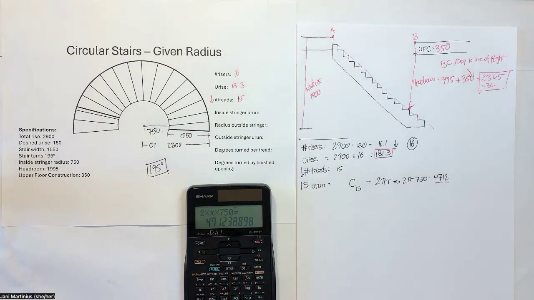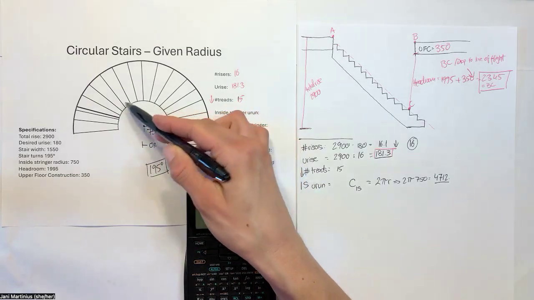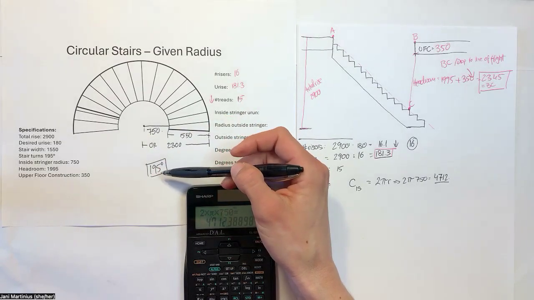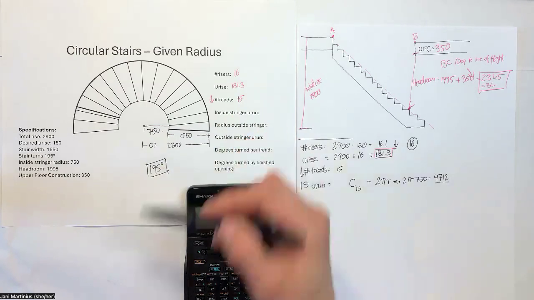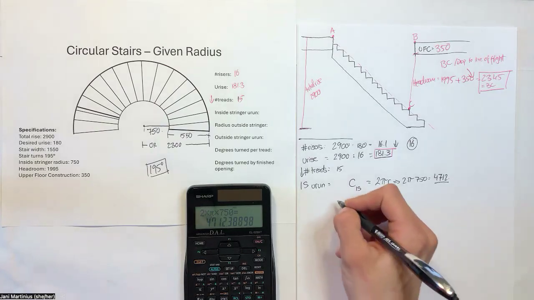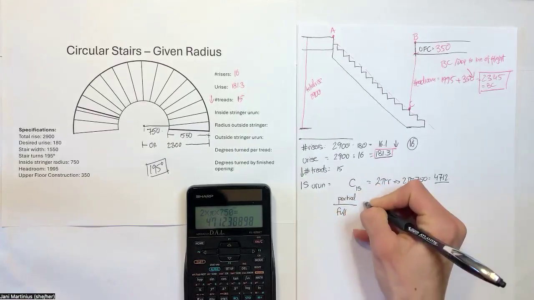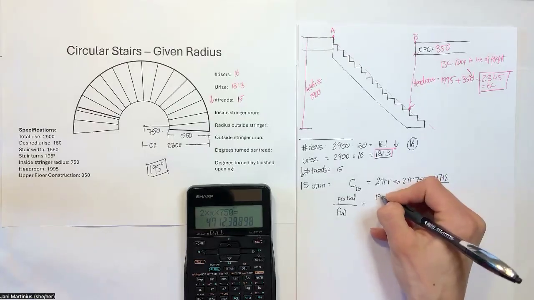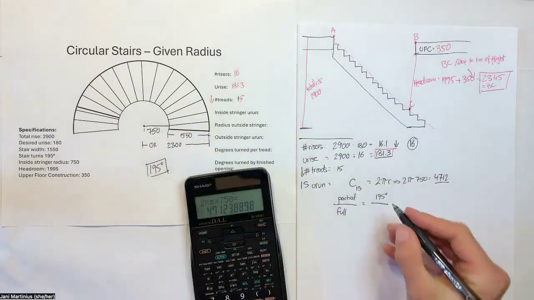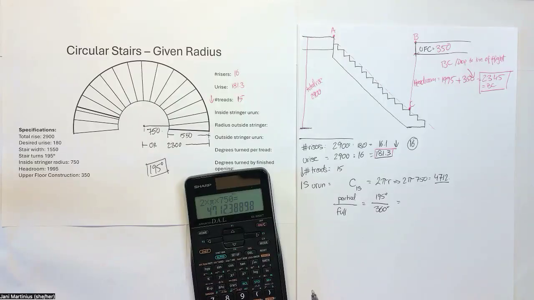So now if we want to find just the portion of the circle that is part of our stairs, we know that our stairs turn 195 degrees, and we know that a circle has 360 degrees. So we can do ratio and proportion, partial over full: the partial 195 degrees of the stair over 360, the full circle.